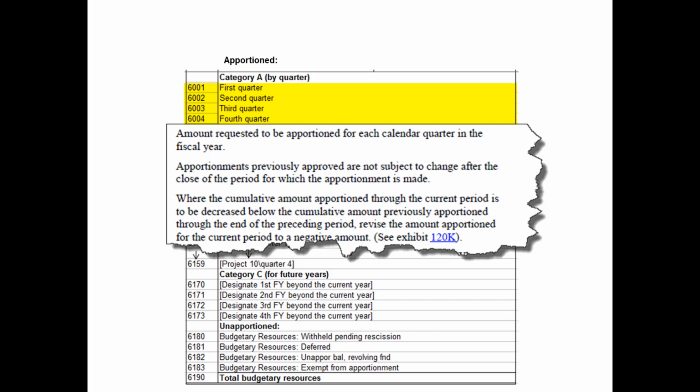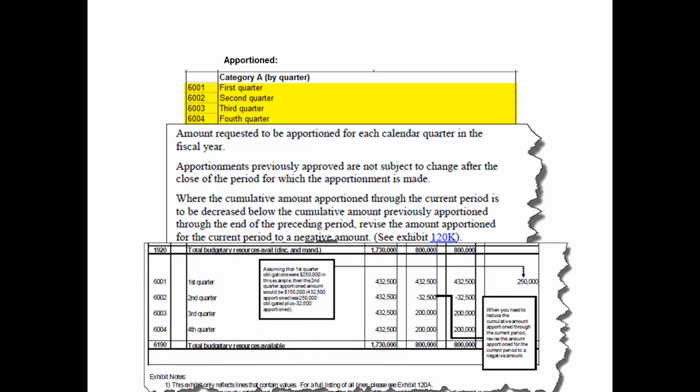In order to properly control amounts by quarter, federal agencies' accounting systems allocate funds, distinguishing between current and subsequent periods. Only funds allocated as current are available for obligation. Note also, as mentioned in Module 1, that apportionments previously approved are not subject to change after the close of the period for which the apportionment is made.